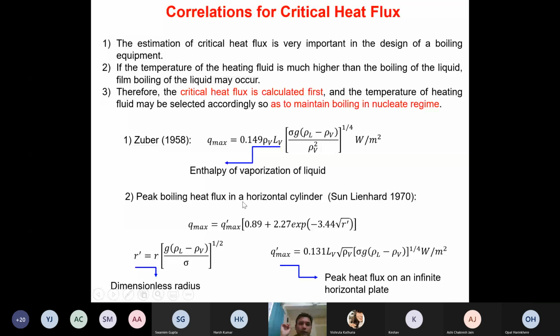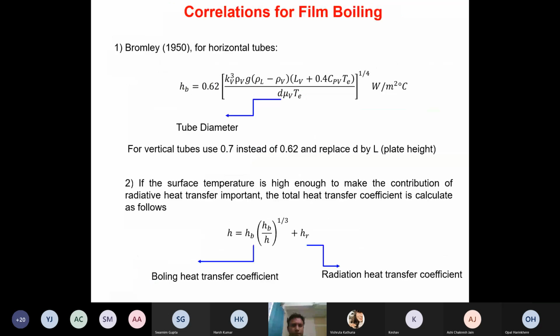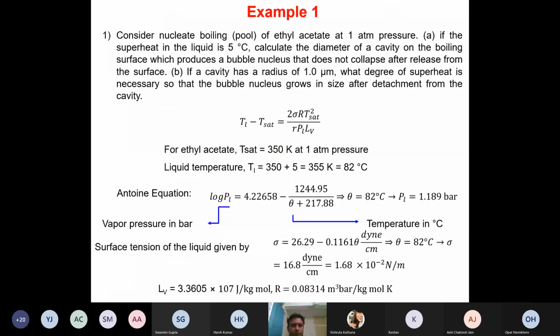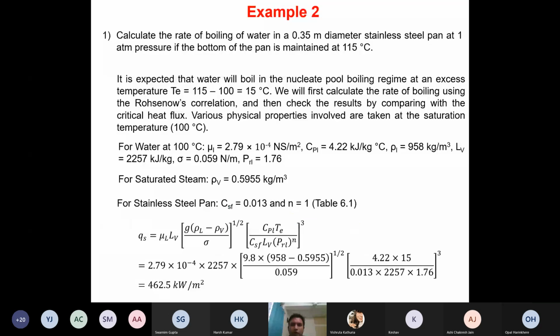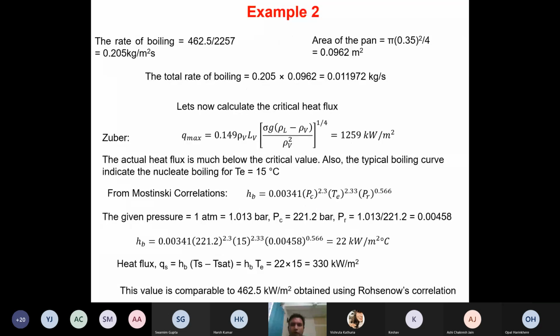Okay, so nothing is mentioned specifically here for this Zuber correlation.